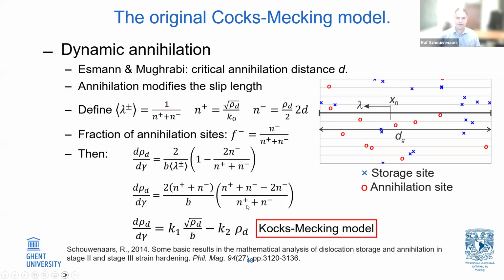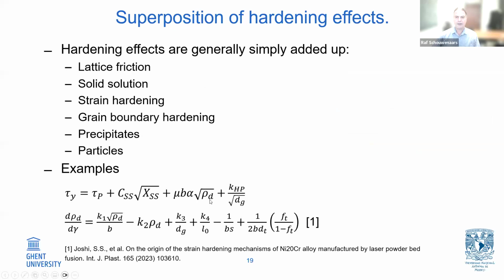So we put on equal numerator, and we find that here these ones cancel. Here we've got n plus minus n minus, and we find effectively that the complete Kocks-Mecking model is mathematically founded. Just I had to change the k0 to k1 to make it somewhat simpler. So that's interesting. We can now look at what we can do to expand this model.